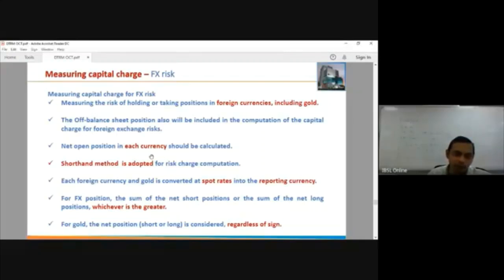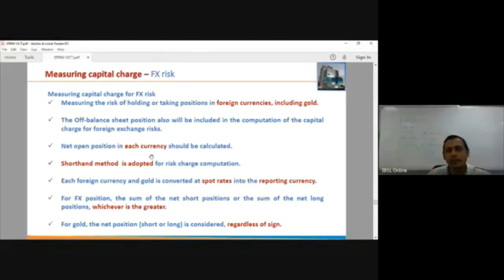The shorthand method means, and when you compute the net open position, there could be some position in long position, some may be short position, some currencies, right? It depends on your holding of position. So you might have hold a long position in certain currencies and short position in certain currencies.